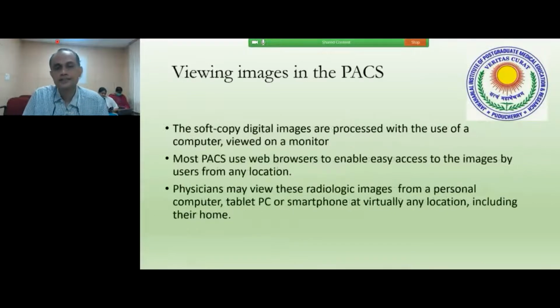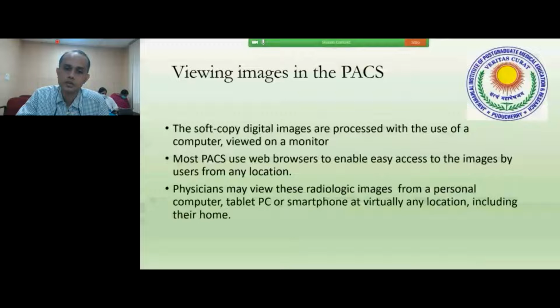If all this is ready, then we are ready to view images in the PACS. For this, we need an appropriate computer with a reasonable resolution monitor. And nowadays, most PACS use web browsers to enable easy access of the images. So, the advantage of using a web browser enabled PACS is that no separate installation of any specific software is needed.